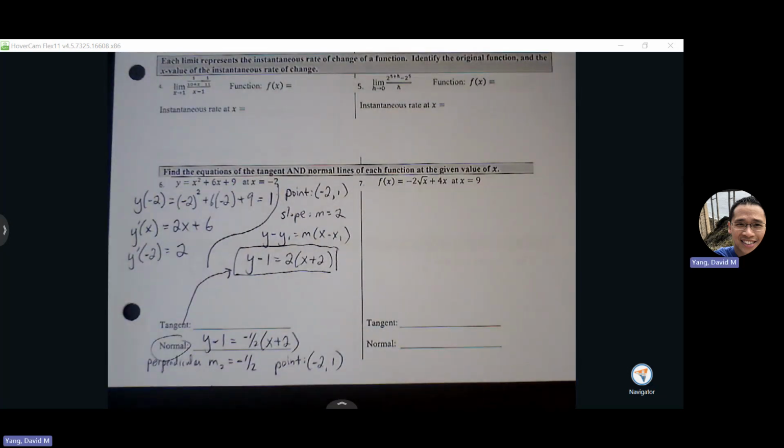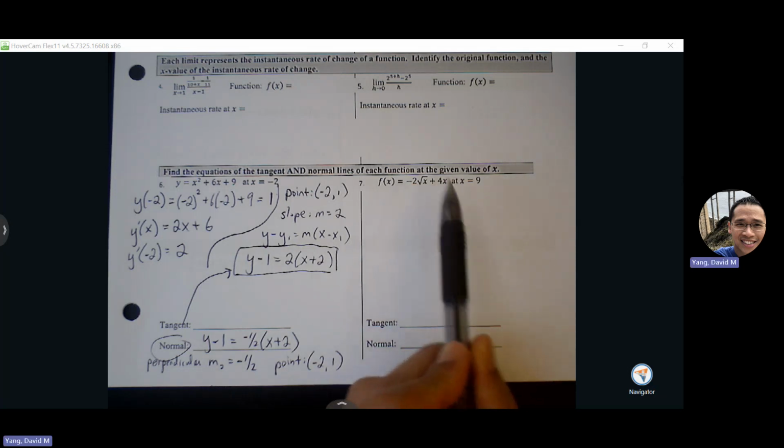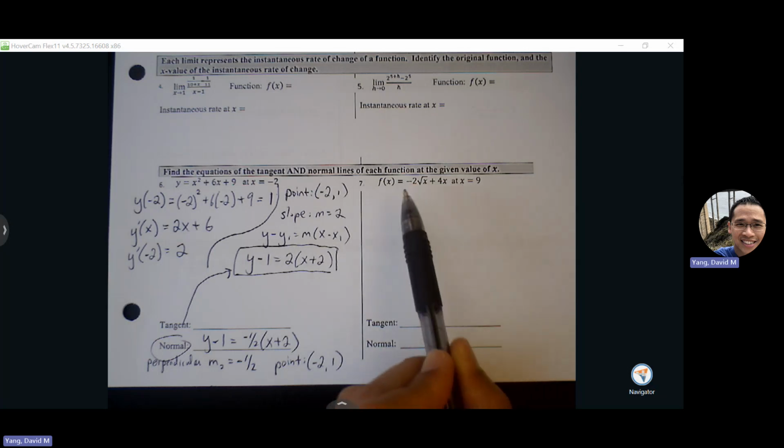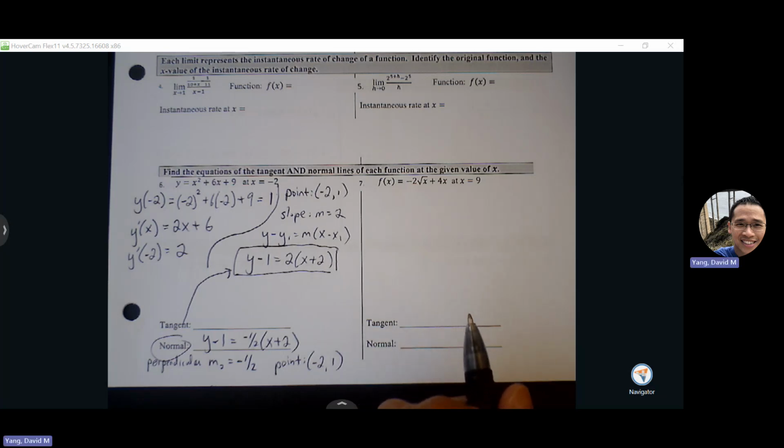Same process, but we do need to do a little bit of cleanup, get that root x to be x to the 1/2 first, so we can get it ready for power rule. But we can go ahead and find the order pair first. And then focus on finding f prime, and then finding f prime of 9.